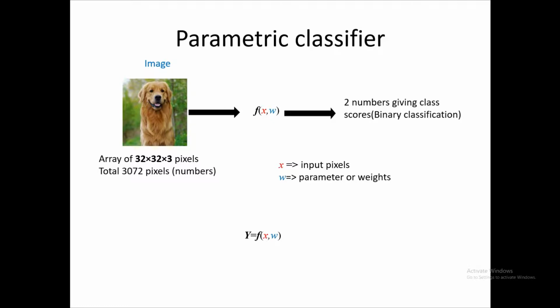Here we have the input x that maps to y. This y is the output variable, and in our case the output will be two numbers giving the class scores, since we have taken binary classification, so we'll have just two classes. The output value y is nothing but the class score which we get from this input.